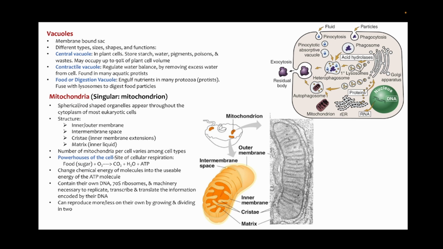Then another one is the food or digestion vacuole, where once it engulfs, just like the amoeba you saw just now, once it engulfs the bacteria, it fuses with the lysosome to digest the food.